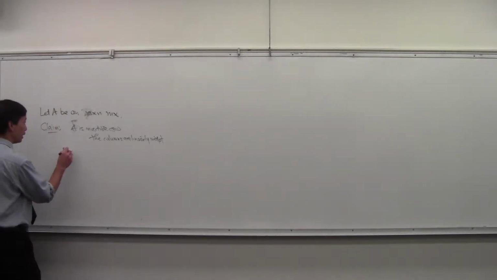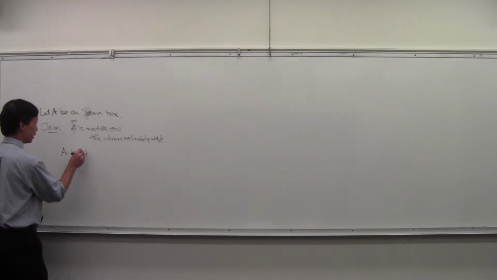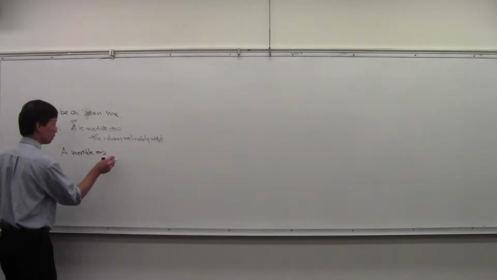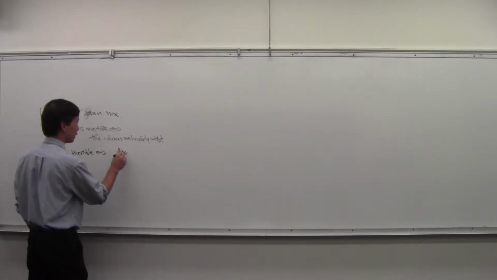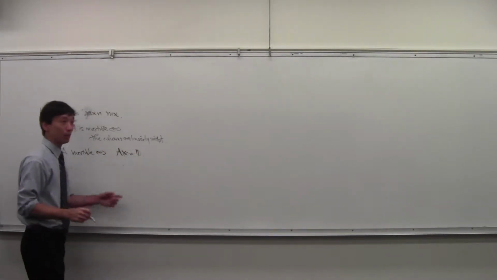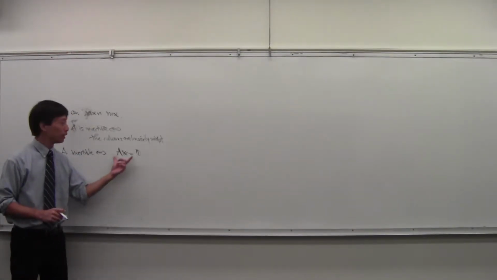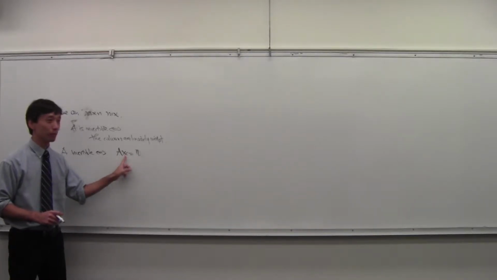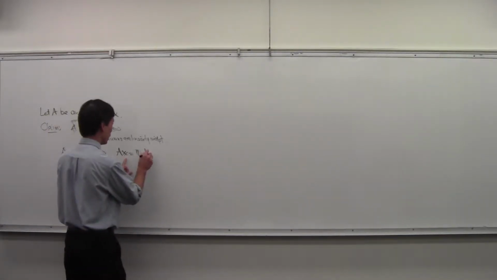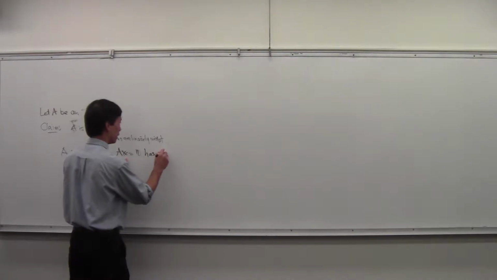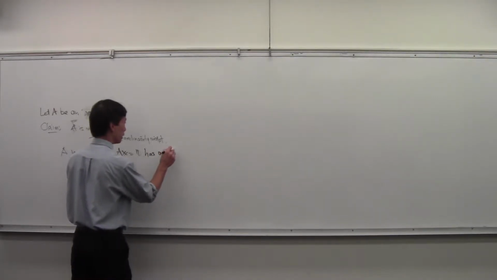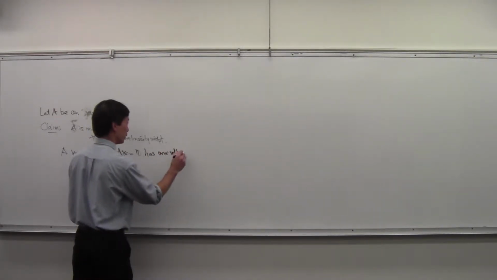So invertibility is equivalent to something about this system, right? So you're invertible if and only if what happens? If and only if the only answer to this is when x is equal to 0, the zero vector. And this has one solution only, one and only one.